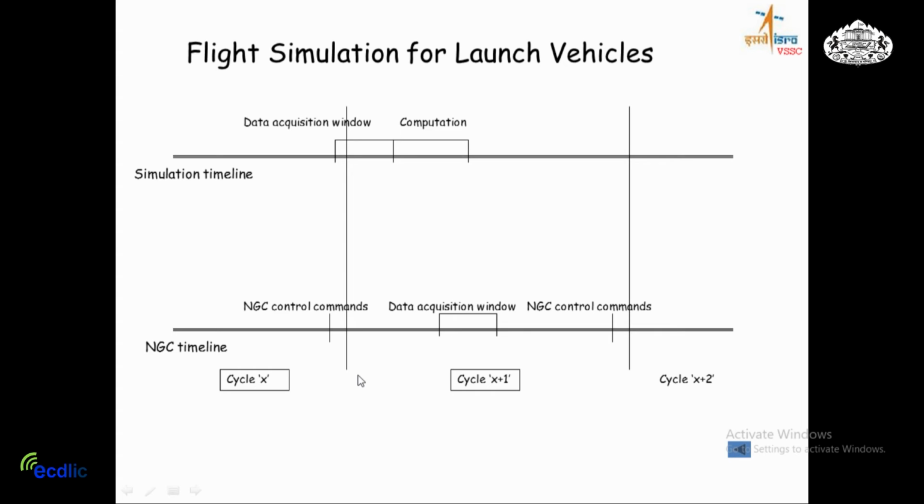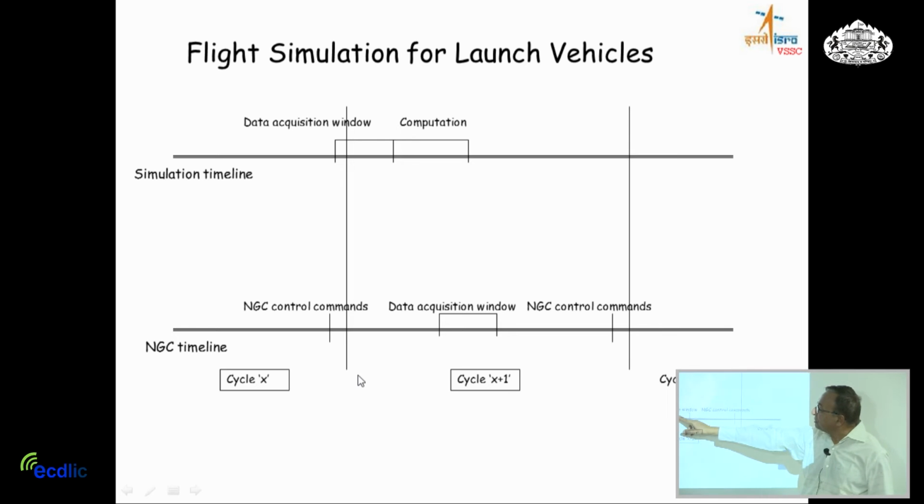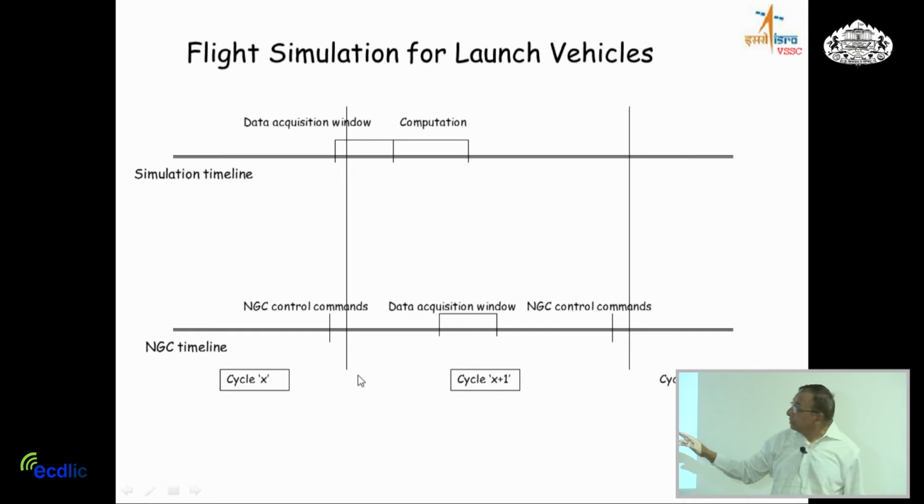Let's start with the simulation. You can see there is a data acquisition window, and once data is acquired in the simulation computer, the computation is done and data is sent down over here. So this data is acquired over here and generates the control commands. There is a one cycle lag between the simulation and the NGC. This is the time instant, incremental time, cycle x plus 2, x plus 1, x, like that.